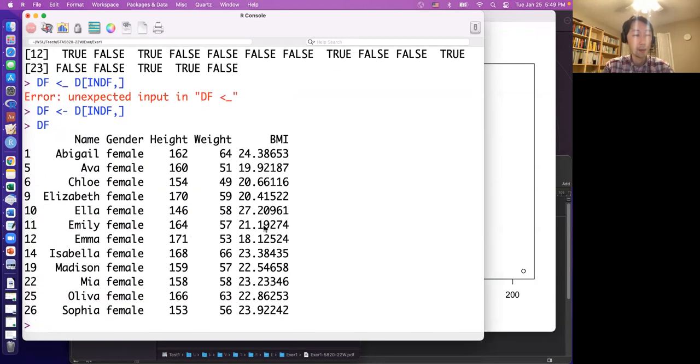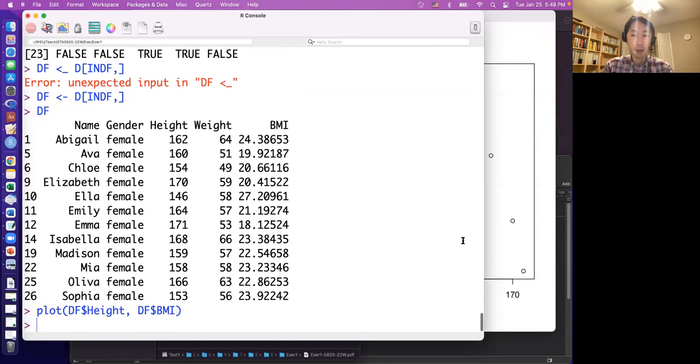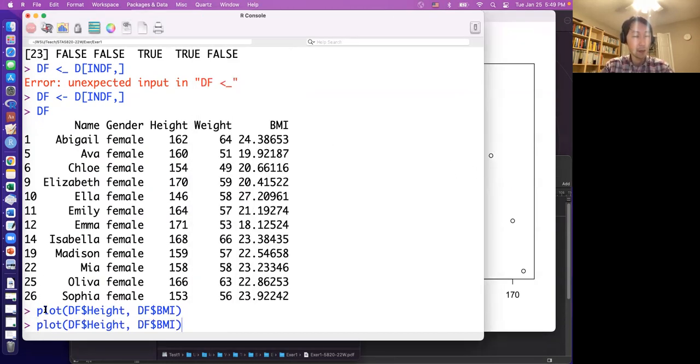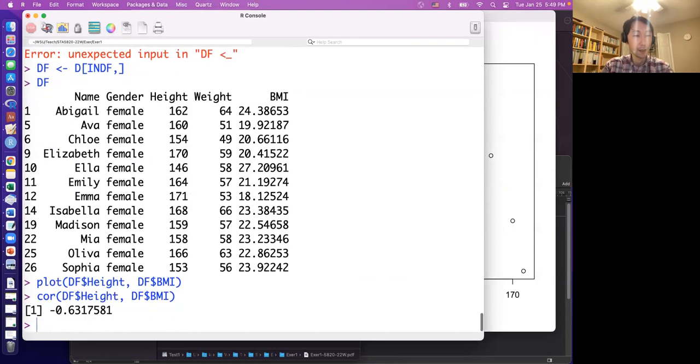So we can use the DF height and the DF BMI, then plot. The plot is this. This doesn't have much correlation. Then you can calculate the correlation coefficient, -0.63.